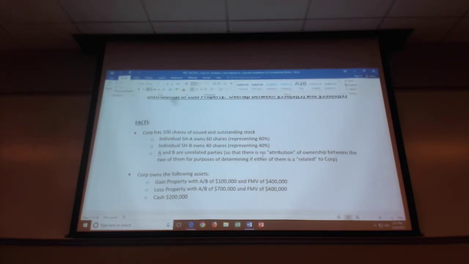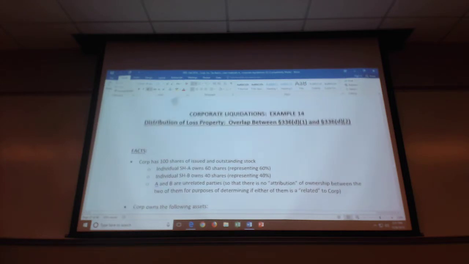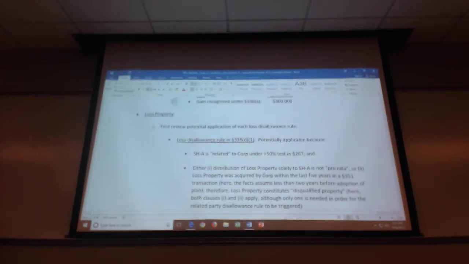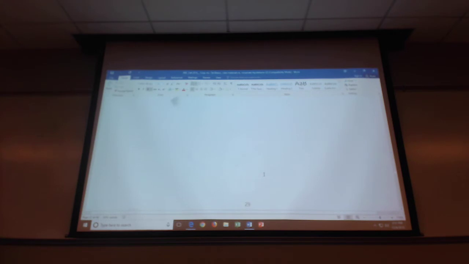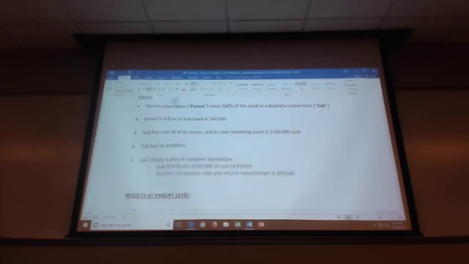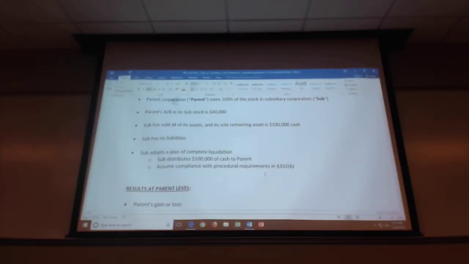We're assuming the basis that the parent has in the sub stock is $40,000, and that the subsidiary has $100,000 of cash left, which it distributes pursuant to a plan of liquidation that complies with Section 332 to the parent corporation.